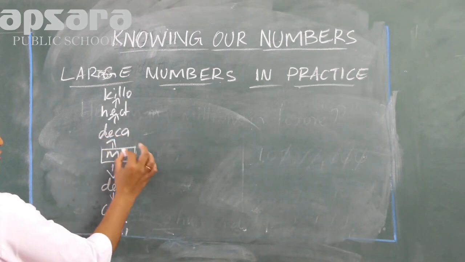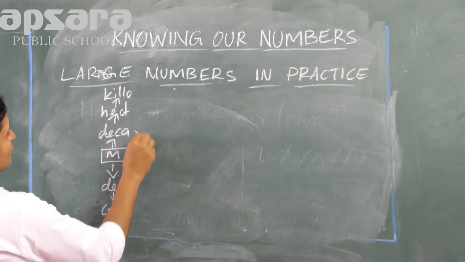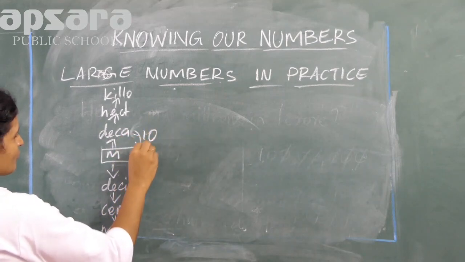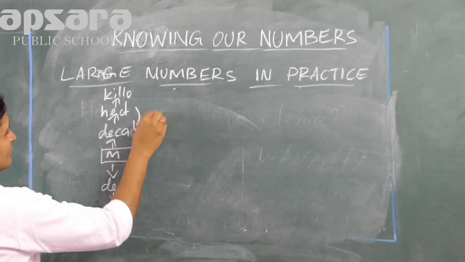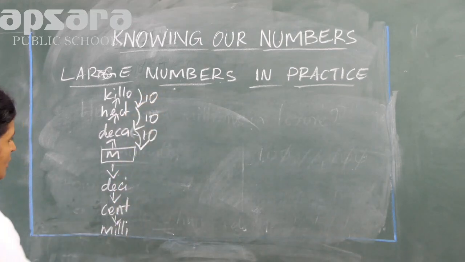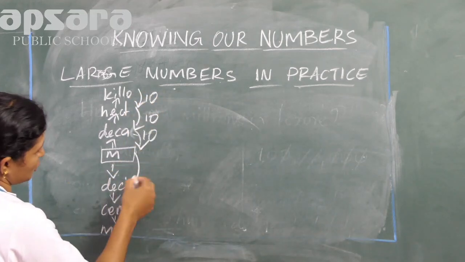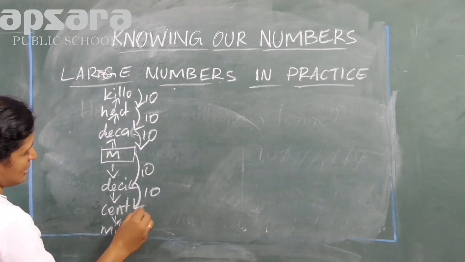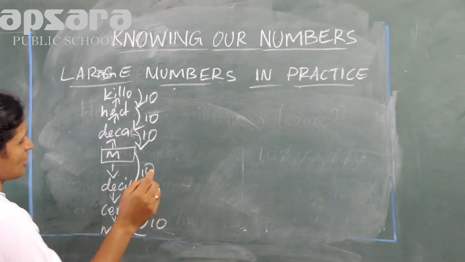And for each step the difference is 10 times: from meter to deci, 10, deci to centi, 10, and centi to milli.